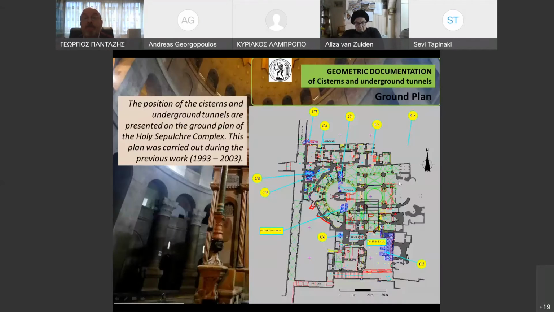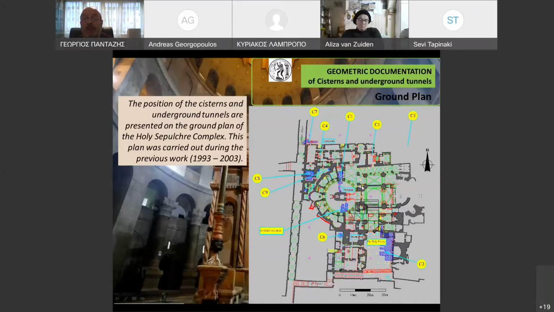Especially for the geometric documentation of systems and underground tunnels, precise geodetic measurements were carried out.